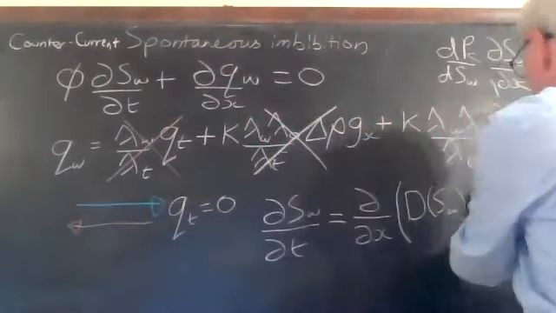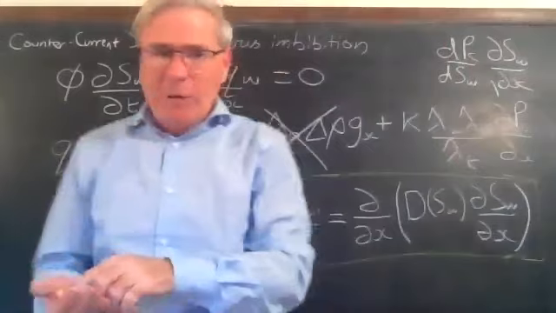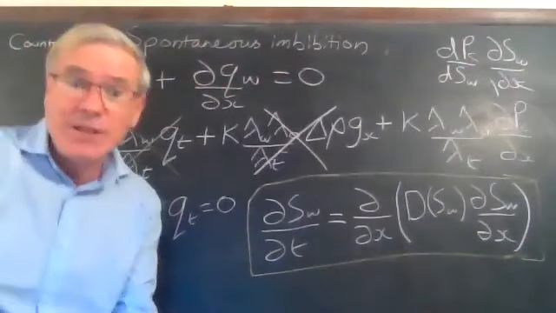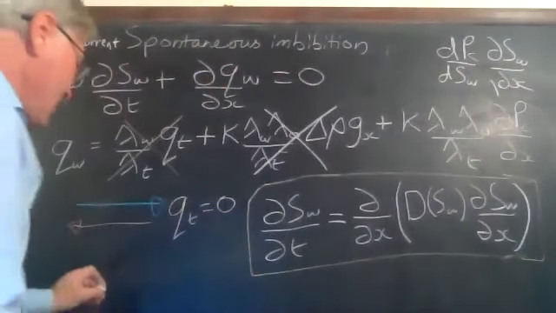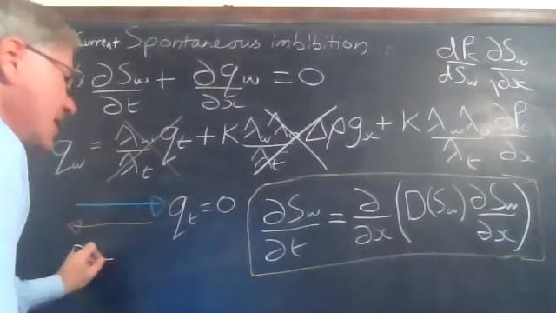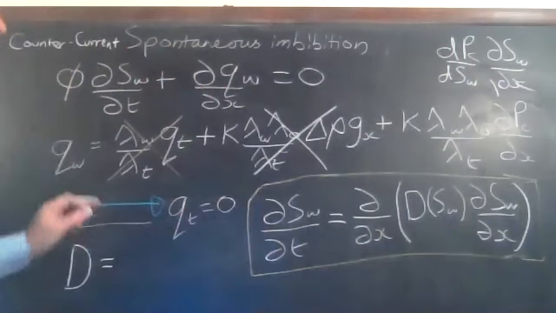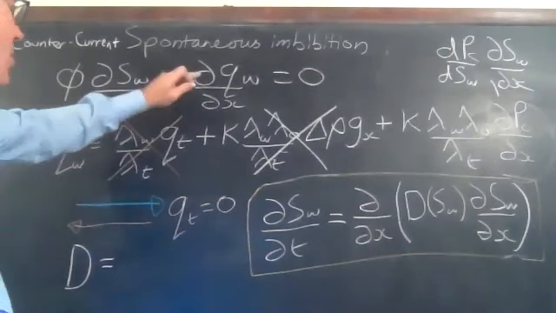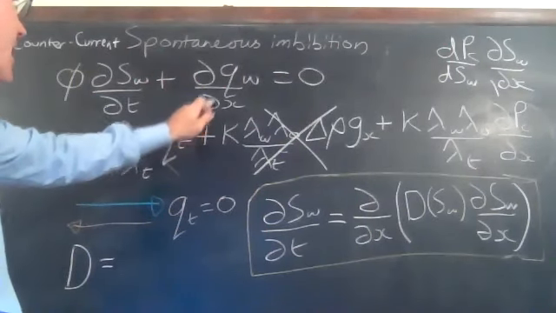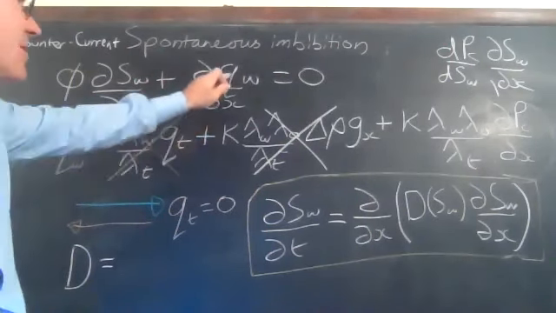So that's the equation. Now you might say, well, that's fine, but what's D? So we need to write down D. D, right down here, is the terms we haven't got. Let's have a look at this. We've got a d by dx of q. Q has got a k.